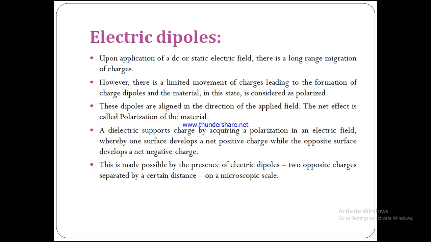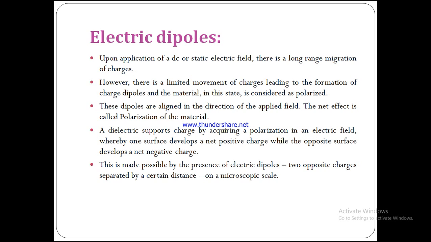The next point is the electric dipoles. The electric dipole is the phenomenon that occurs when we apply an electrical field to a capacitor. Let's check what that phenomenon is. Upon application of a DC or static electrical field, there is a long range migration of charges.